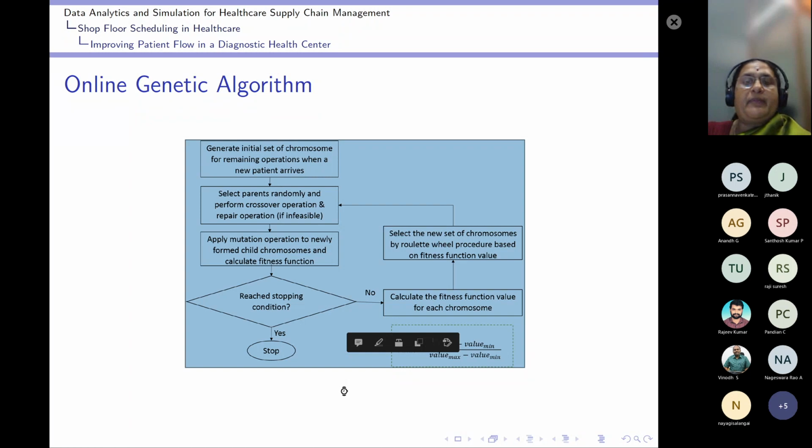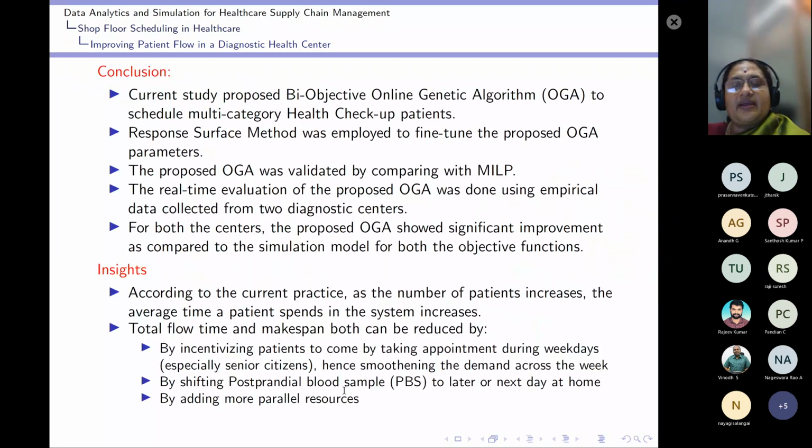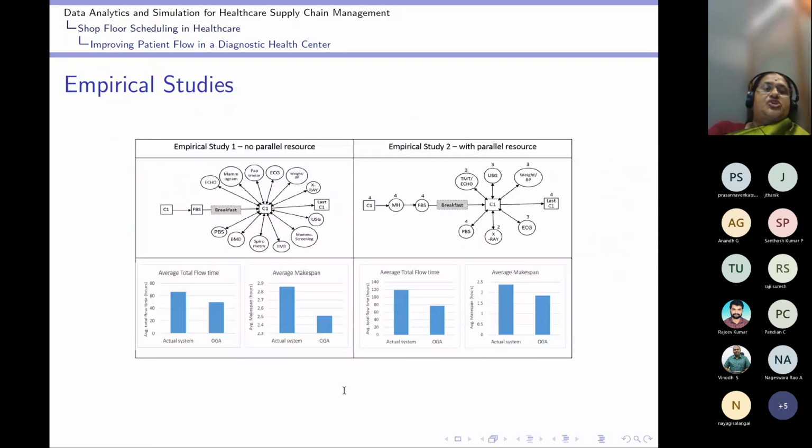Once we implemented the online genetic algorithm, we conducted two empirical studies. The first empirical study did not have any parallel resources.